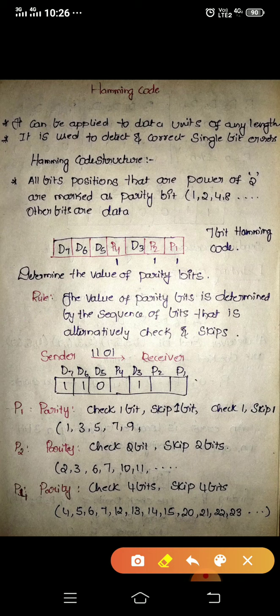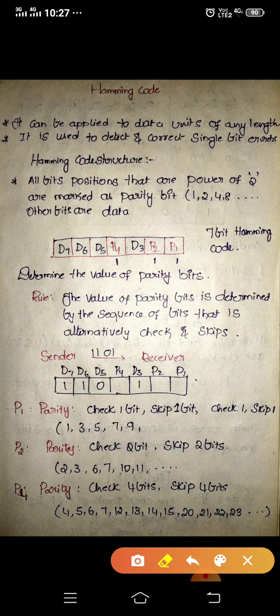P1 parity is check 1, skip 1, check 1, skip 1. Check 1 means the first position, which is P1. Skip 1 means 1 position is skipped.